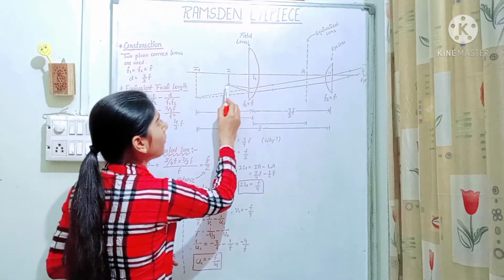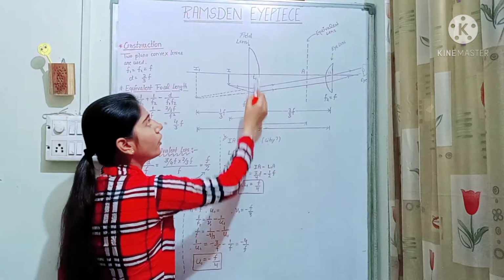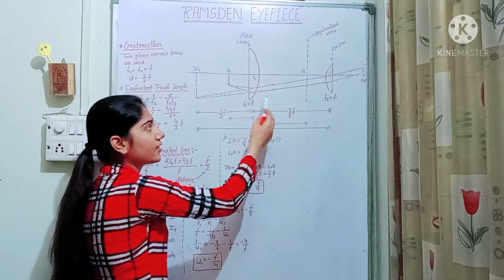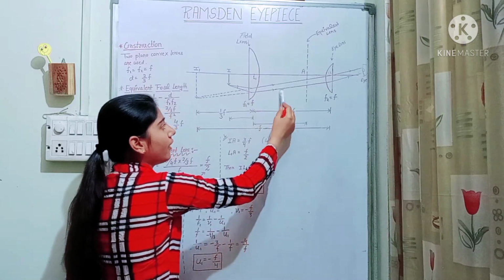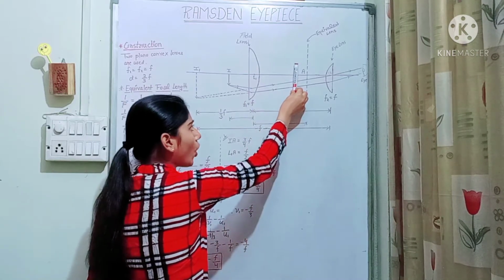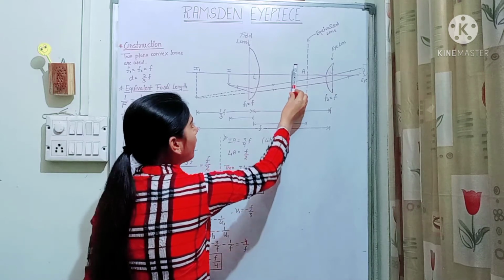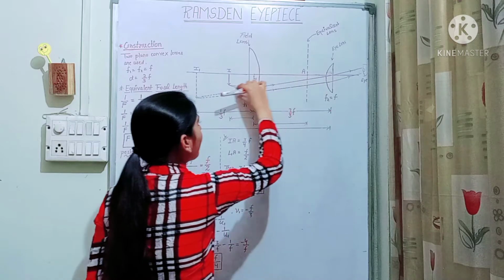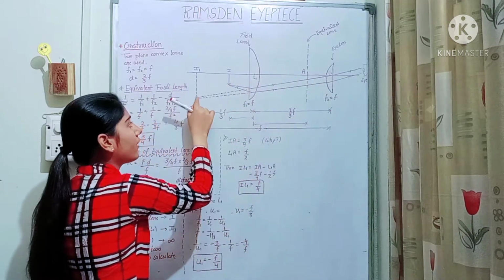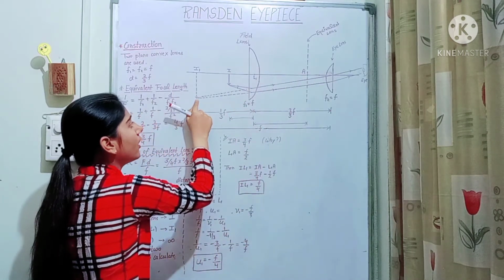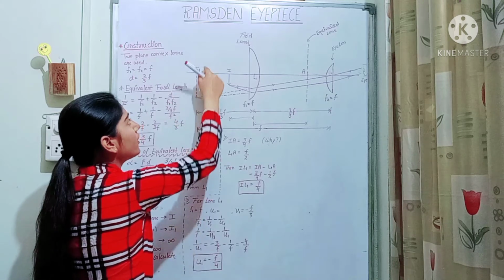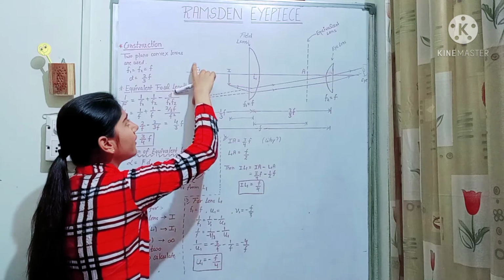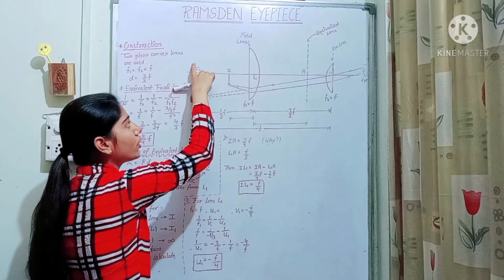Rays from here fall on the field lens, and the field lens refracts these rays in this direction. When we observe from here, these rays seem to be coming from this point, and when we join this point to the principal axis through a perpendicular, we get I1, the inverted virtual image.